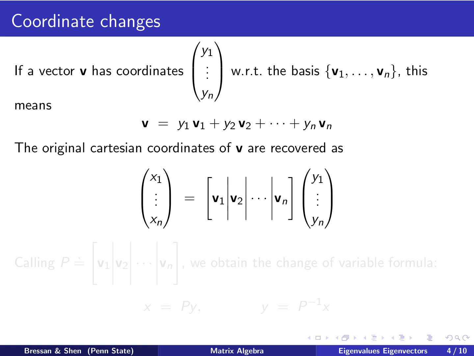And then in the original Cartesian coordinates, this vector v can be recovered as follows. Let x be the coordinate in this Cartesian coordinate system. Then this vector would be this matrix here, whose columns are the basis vectors v1, v2, vn. So that's a square matrix. This matrix times the coordinate y here will give us the coordinate in the Cartesian coordinates.